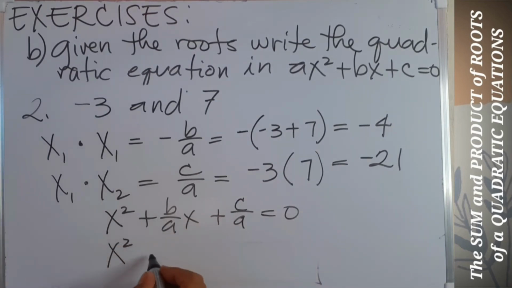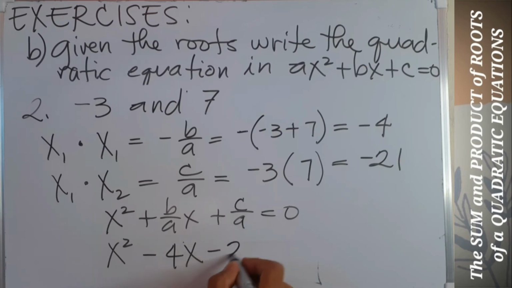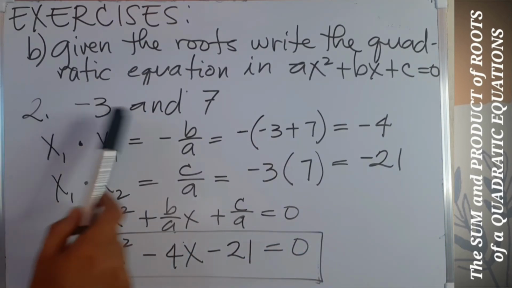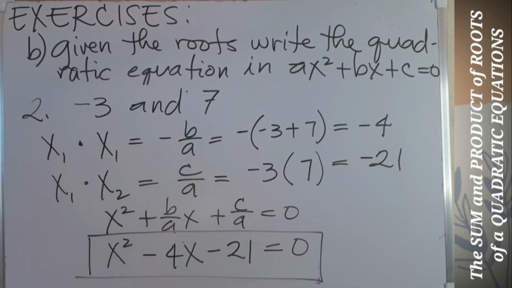X squared minus 4x minus 21 equals 0 is the quadratic in standard form whose roots are negative 3 and positive 7.